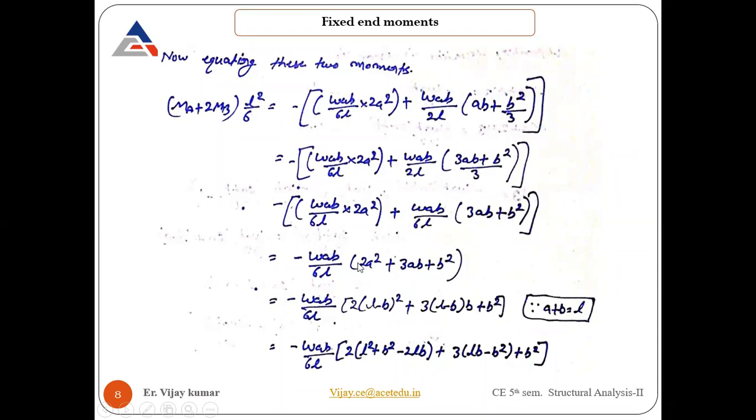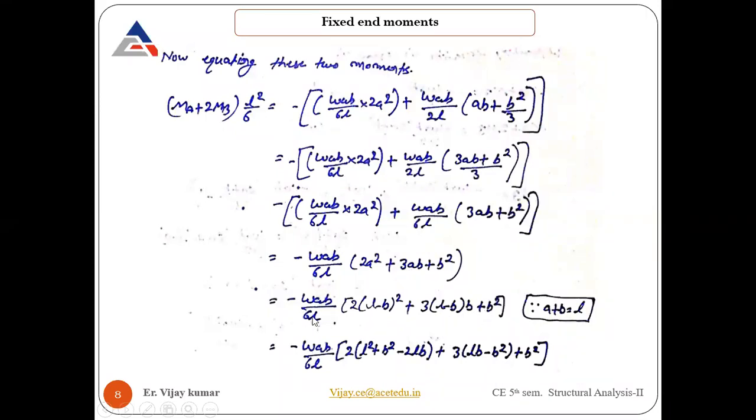Again take the LCM, meaning common out one: minus WAB by 6L into 2A square plus 3AB plus B square. Minus WAB by 6L, take A square, which we can write as, because A plus B is L, so A is nothing but L minus B. So take L minus B whole square here. 3A again we can write as L minus B, so L minus B into B, plus B square.